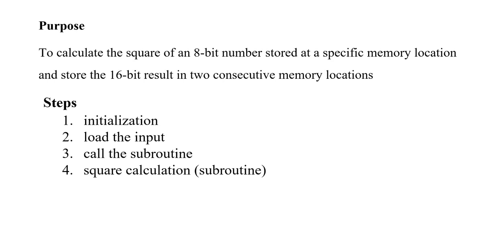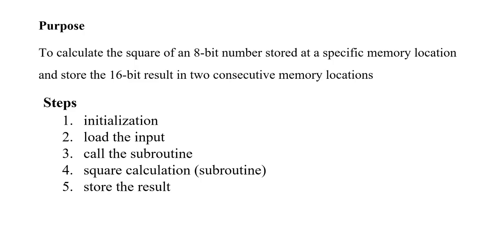Then the subroutine will calculate the square of the number, and here it will use the multiplication instruction. It will multiply the value in the accumulator by itself, and then the result will be stored.